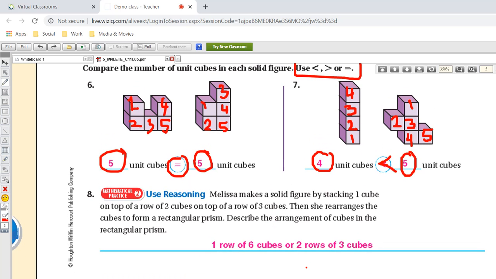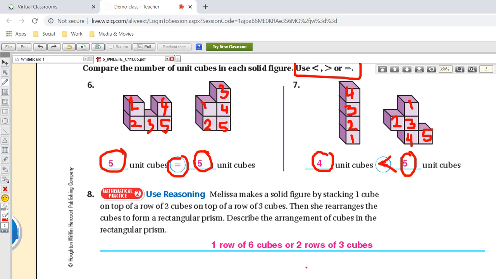Okay guys, this is our lesson today. It's very important to know how to imagine the order of unit cubes forming these figures. We have some three-dimensional figures consisting of a number of unit cubes.